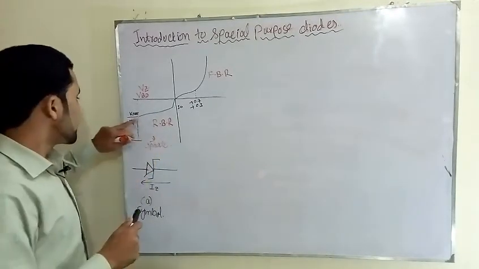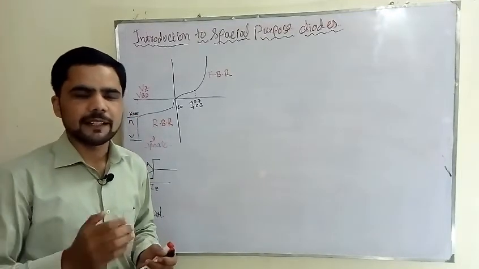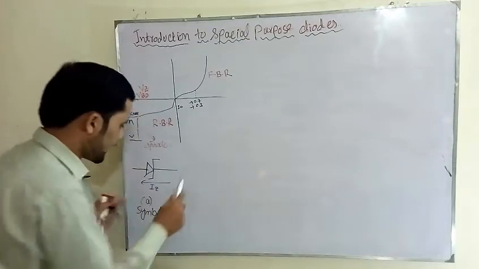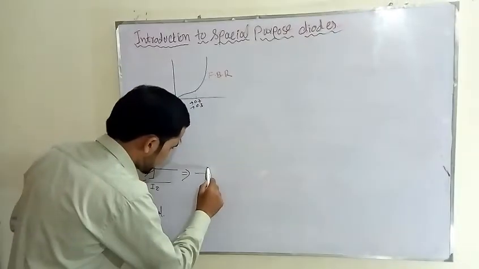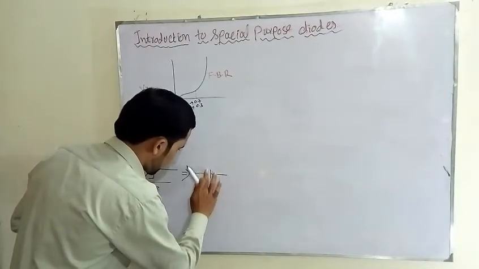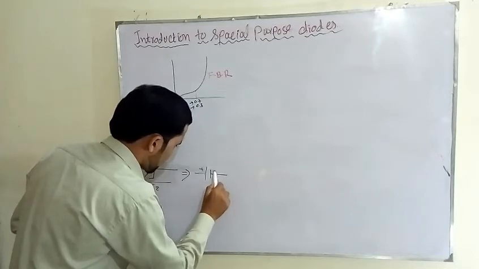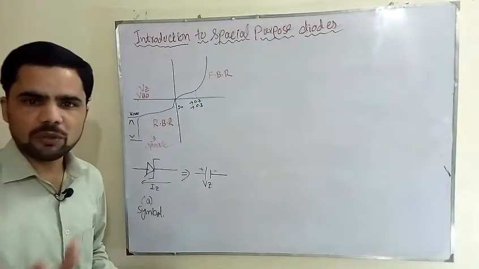After this point the voltage is constant and the current changes. So this can be written as a plus-minus voltage source, because the voltage is constant.